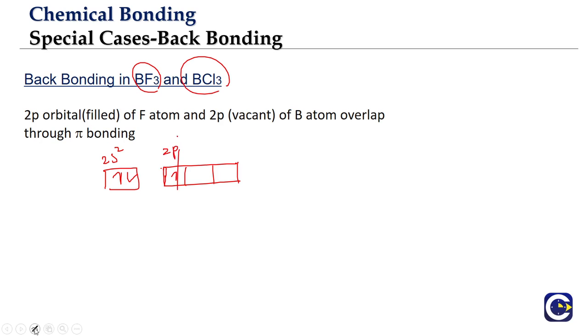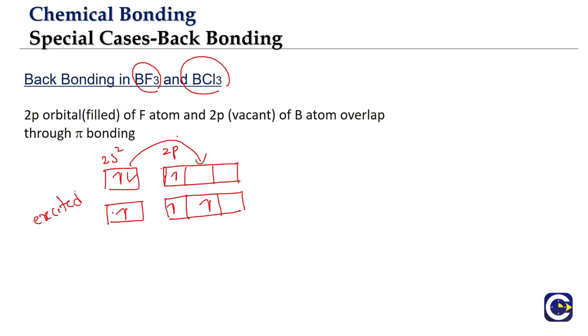Now boron can form 3 bonds by using its valence electrons, but for that there has to be excitation first. So the boron will excite one of the electrons from the s orbital to the vacant p orbital. As a result, we will get this kind of electronic arrangement. This is the excited arrangement of boron.